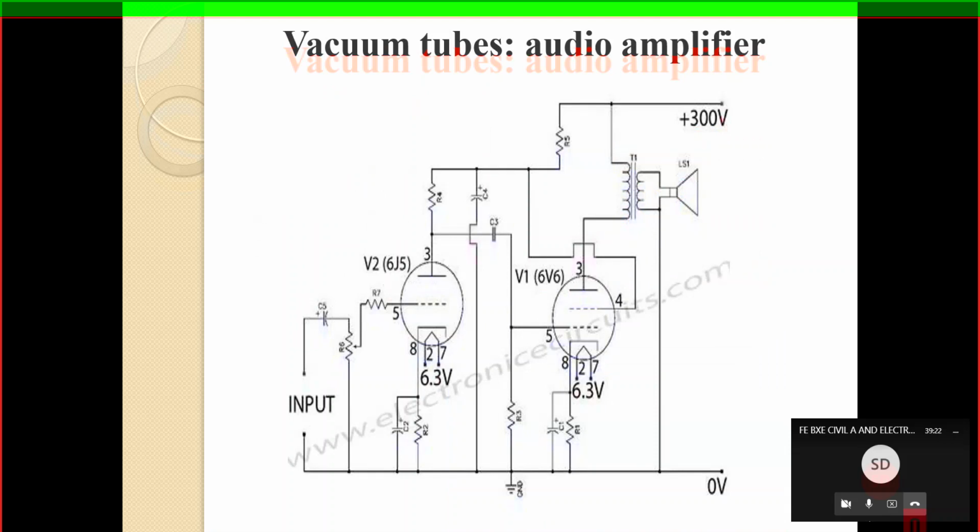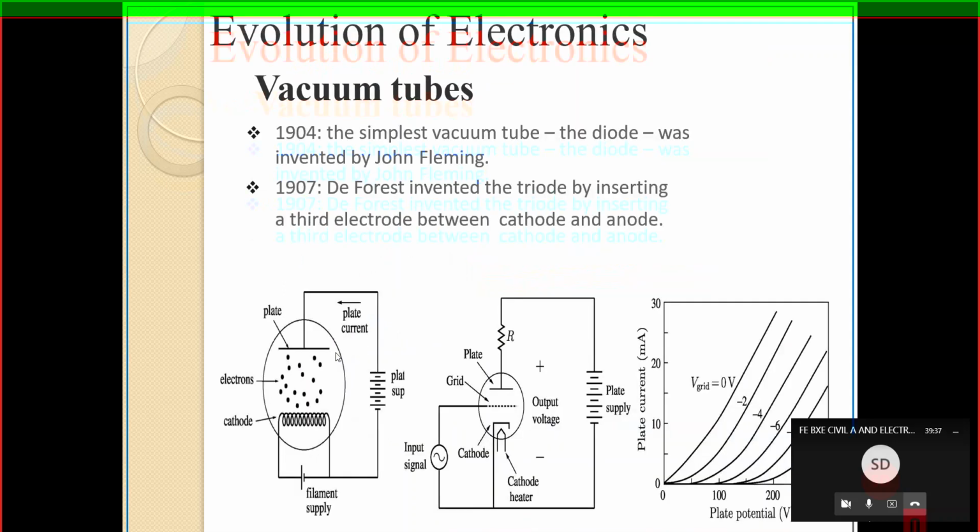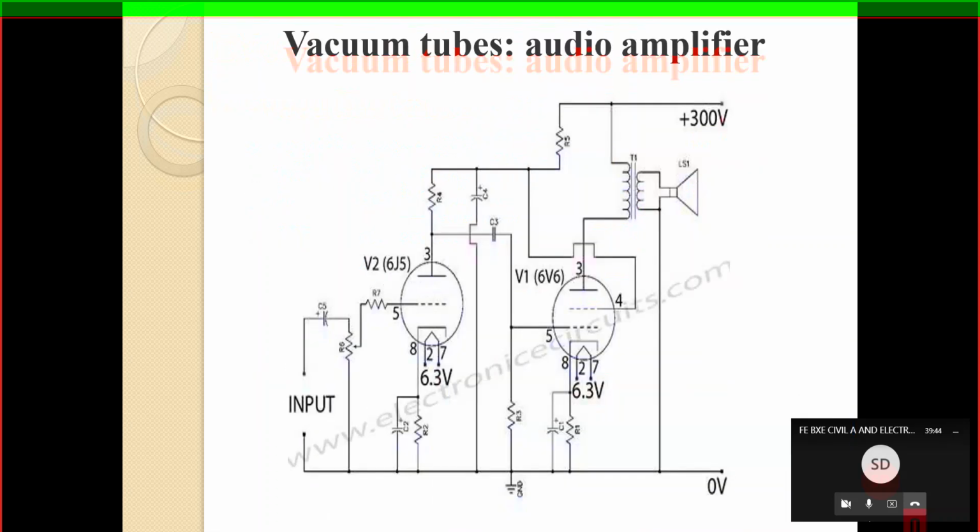And this is the equivalent circuit of vacuum tubes used as an audio amplifier. What is meant by audio amplifier? Audio means sound, and the amplifier amplifies the signal stage. In the first diagram you can see a single vacuum tube, but here you can use two vacuum tubes, because this is a two-stage amplifier using vacuum tubes.